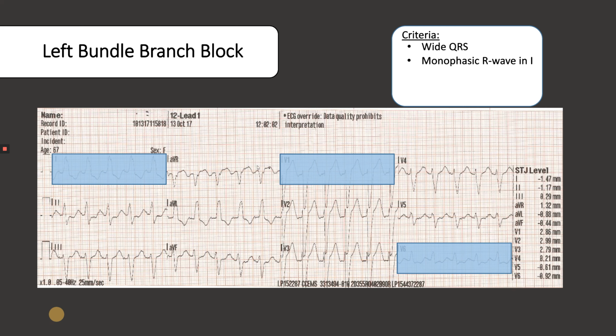And then I'm going to look at V1. Okay, so we're going to draw your attention right here, V1, and I'm looking for a QS or an RS in V1.